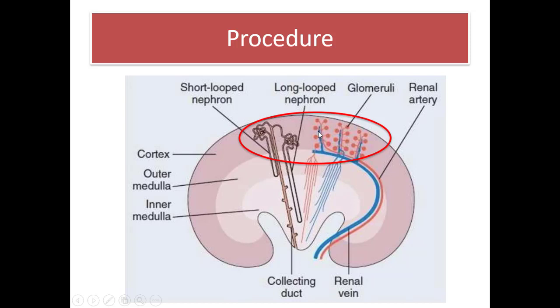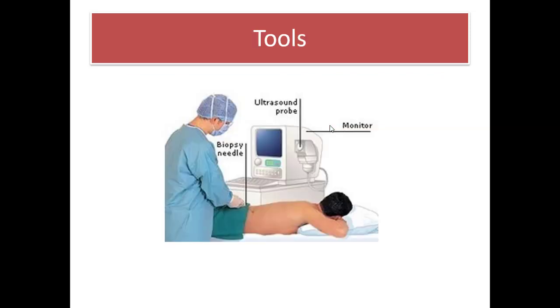So my target is to take a core of tissue from the cortex, not from the medulla, because the medulla is a site of tubules and vessels only, and I don't have glomeruli, and the glomeruli are my main target in biopsying the kidney. So I should take the biopsy from the cortex.